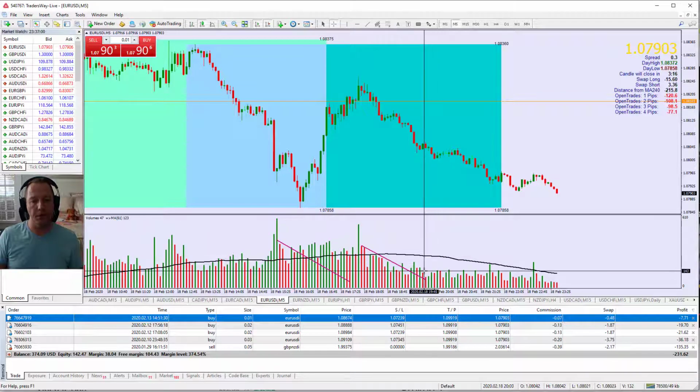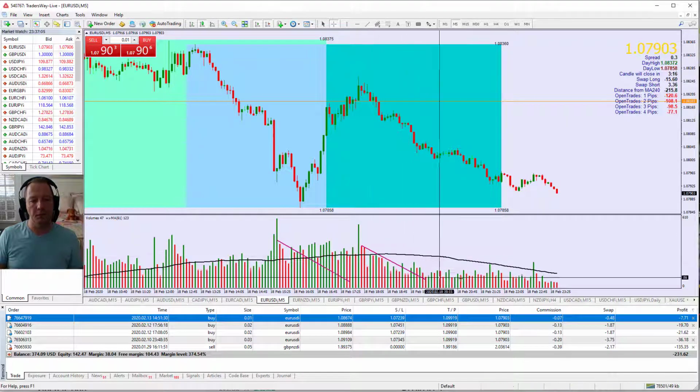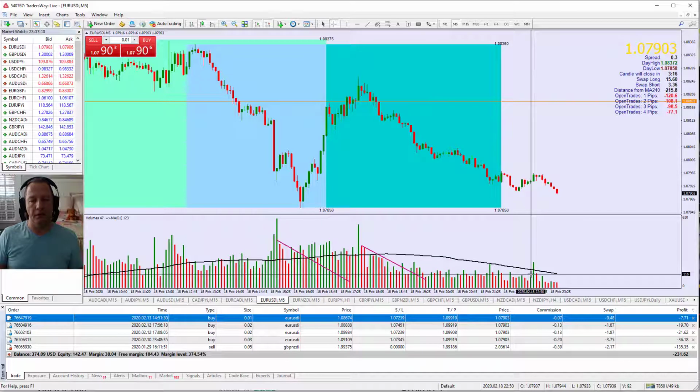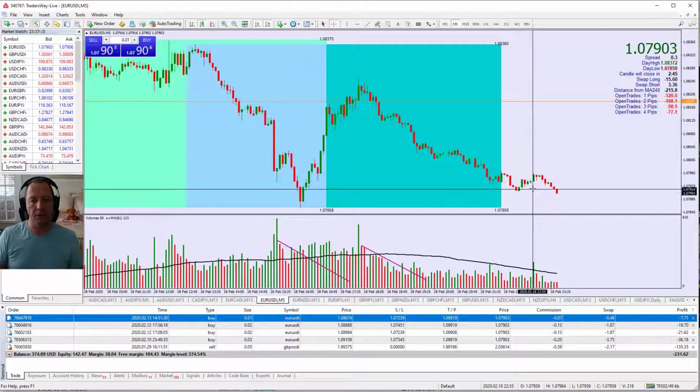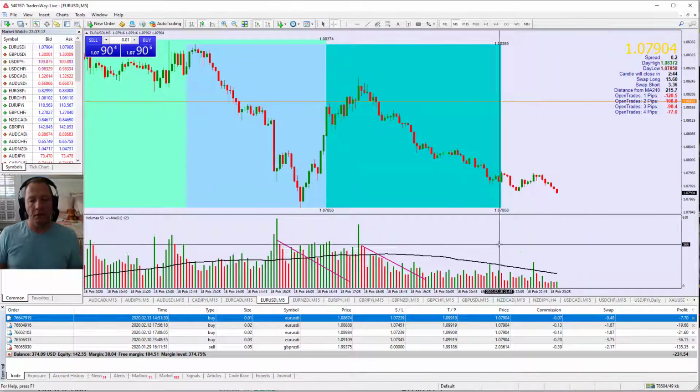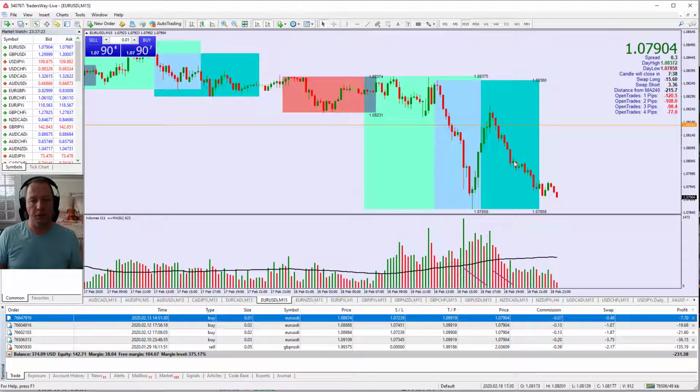That's how I read it anyway. And we see this down move here, where the money is basically just not there. So there's one candle here that sticks out. Obviously I pay attention to that one, and it's a bullish candle, and I think that's a sign of what we may see here shortly.